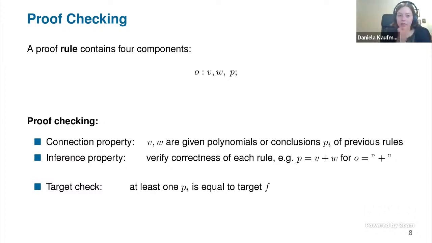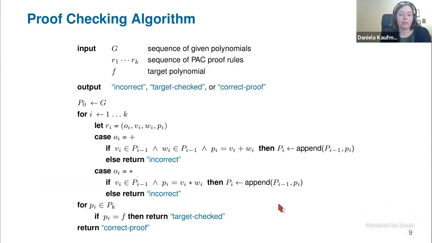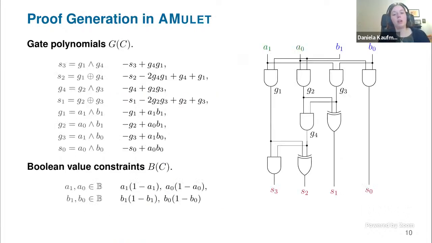And that's the pseudocode for the proof checking algorithm, which I just explained, but I will also jump over that. Then I'll briefly mention how we generate these proofs in our tool. The given polynomials are obviously all the gate polynomials and the Boolean value constraints, which we derive during modeling.